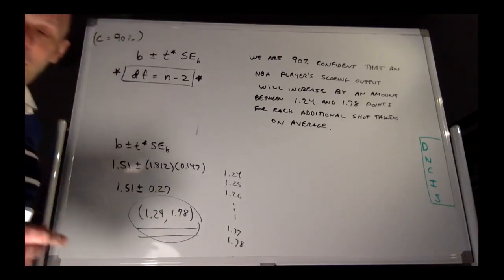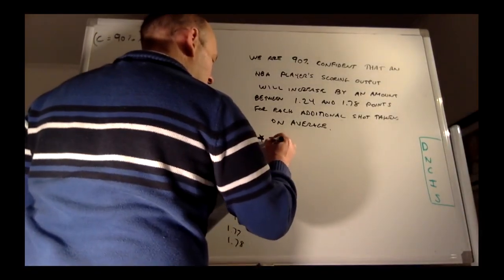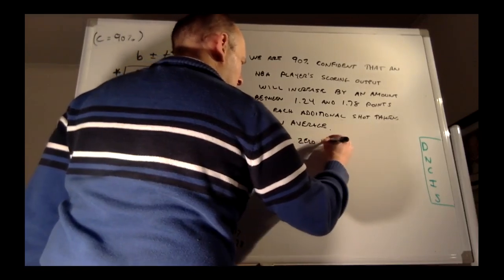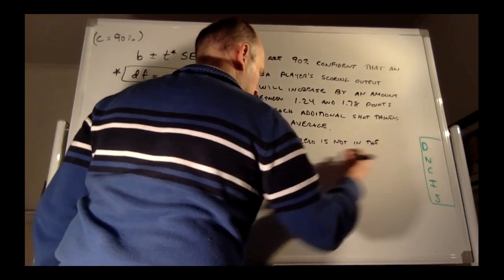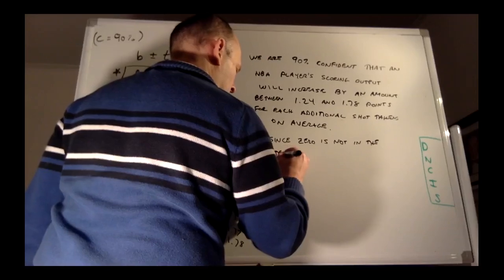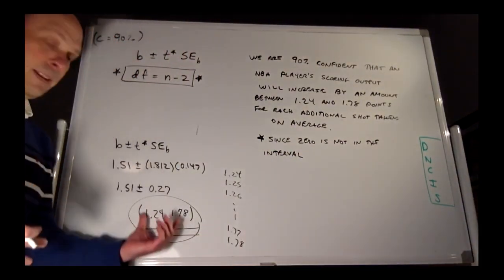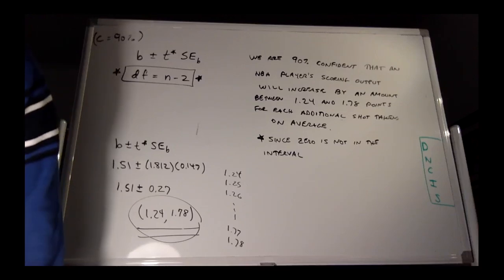So since 0 is not in the interval, it's basically saying that we're really confident that the slope is positive. So we're confident that we have a positive association.